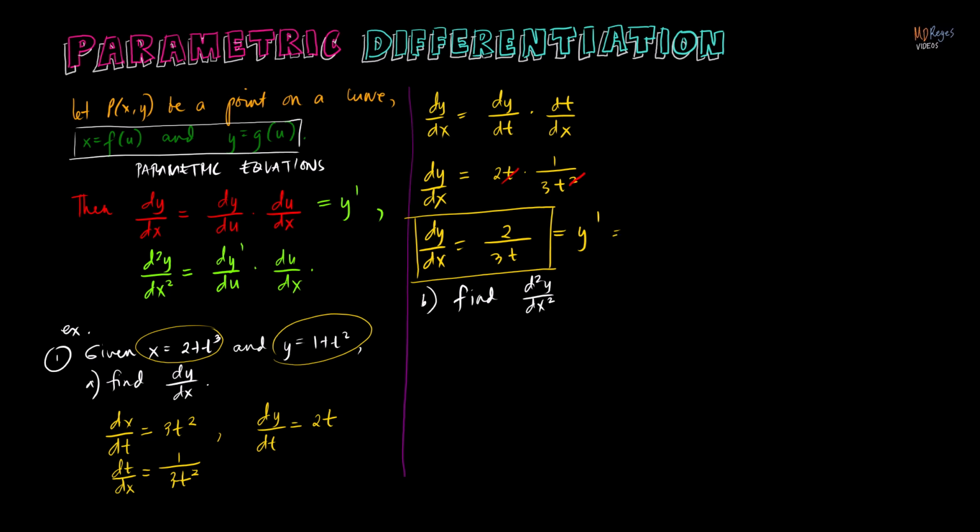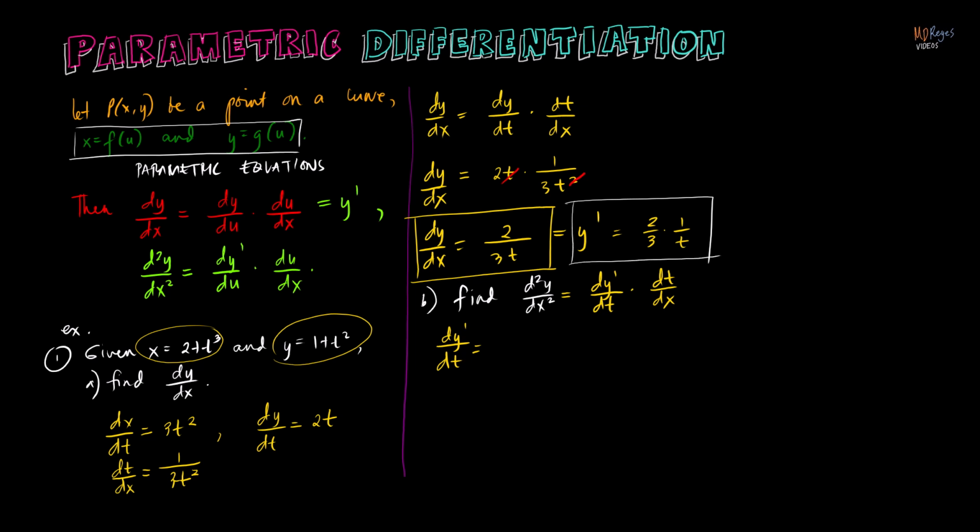We can also write y prime as 2/3 times 1 over t. The formula for the second derivative of y with respect to x is dy prime over dt, since we are using t as the parameter, times dt over dx. So we'll be needing the derivative of y prime with respect to t.